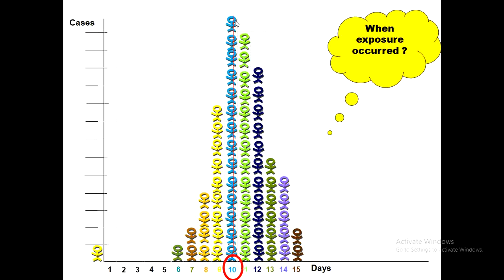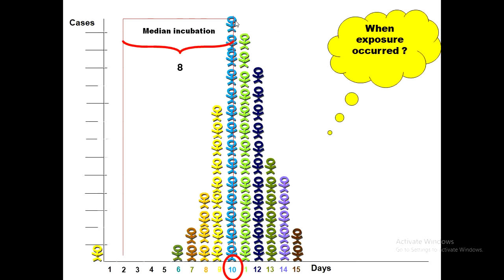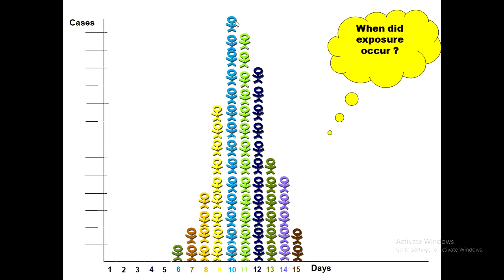This is the time period when maximum exposure has occurred and the maximum number of cases have occurred. From the time of exposure up to the maximum number of cases, this period is known as the median incubation period.